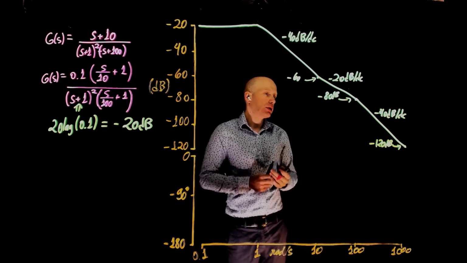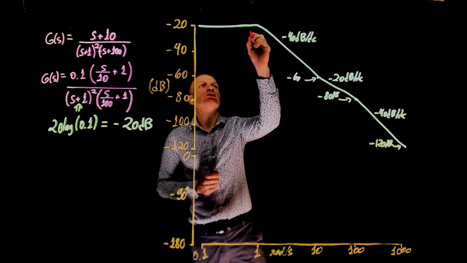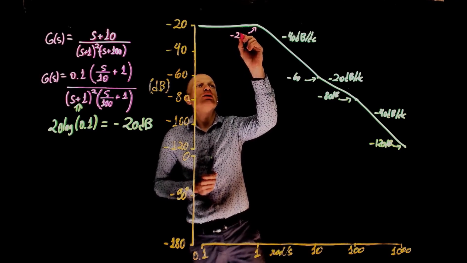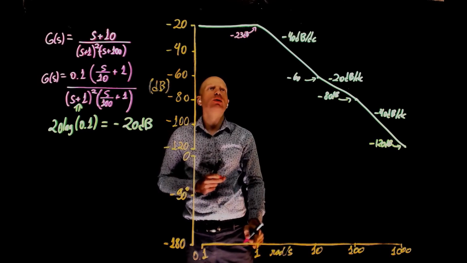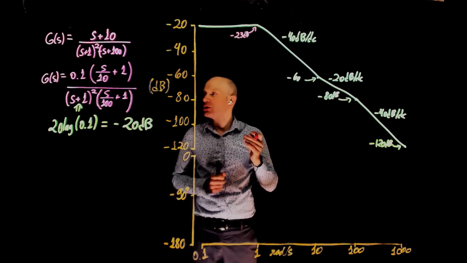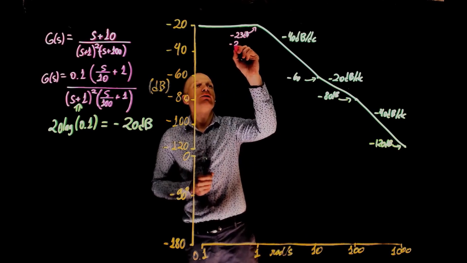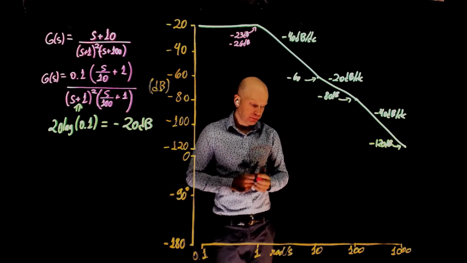Now, of course, here we neglected the 3 dB at each cutoff frequency. In reality, the magnitude here should have been negative 23 dB if you had one pole at negative 1. So negative 20 minus 3 at the cutoff frequency. But because you have two poles, this should be negative 26 dB. Negative 3 for each.